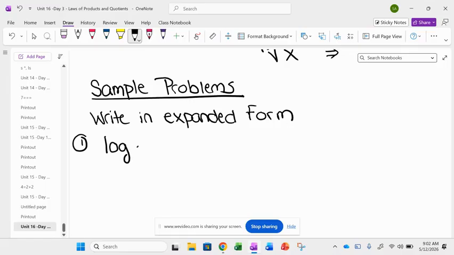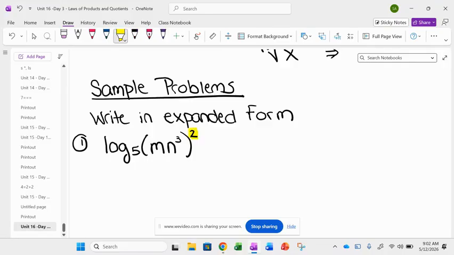So log base 5 of m n to the third power, that whole quantity raised to the second power. I want to expand this. I want to make this as long as possible. So I'm actually going to work from my outside this time.